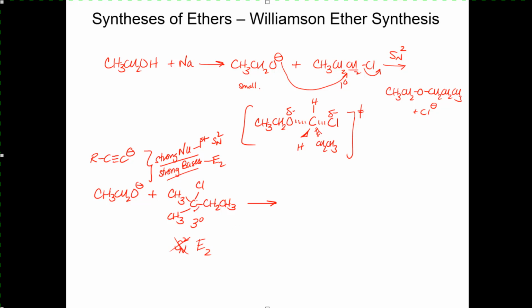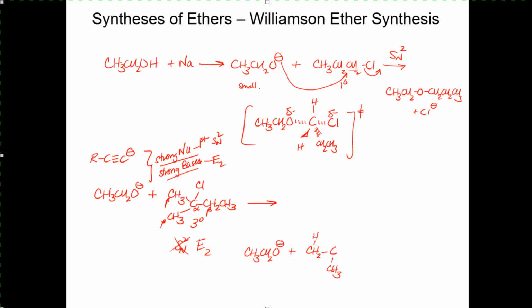Well, here's my alpha carbon. Here's a beta carbon. Here's a beta carbon. Here's a beta carbon. And so I'm going to rewrite this. So I'm going to have the beta hydrogen.